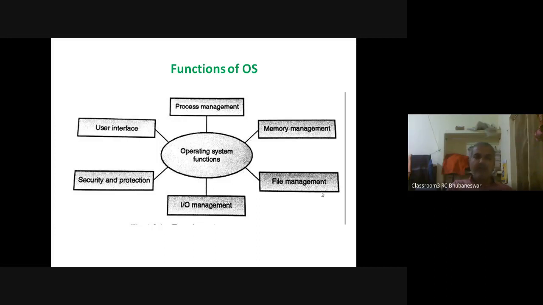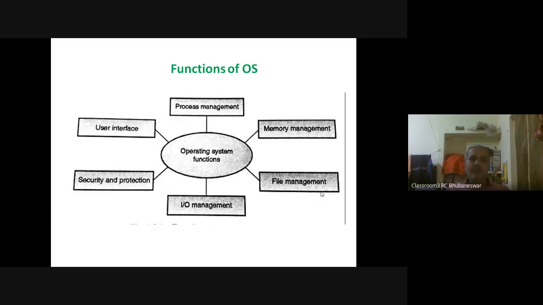And security and protection. By the help of the operating system, we can block unauthorized access by giving a user ID, password, etc. Using these we can provide security and protection. All those are functions. Then file management. In the computer we right click and create a new file.